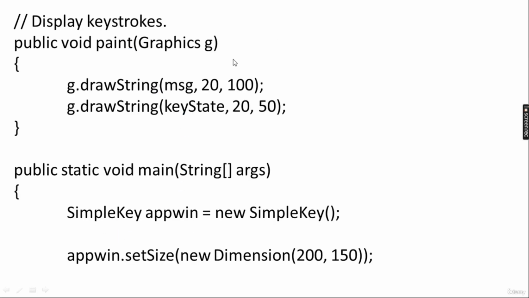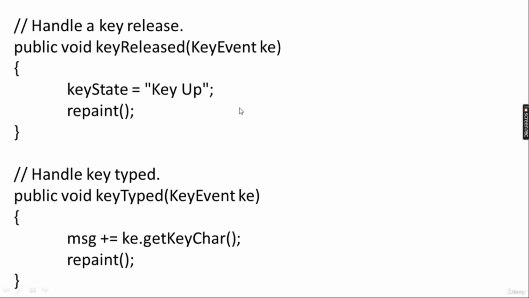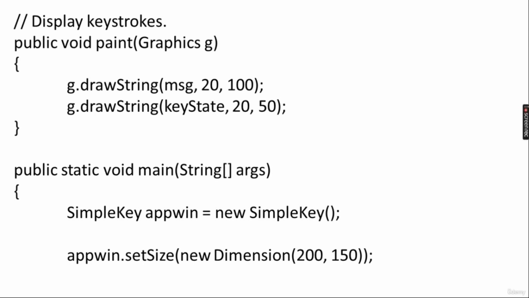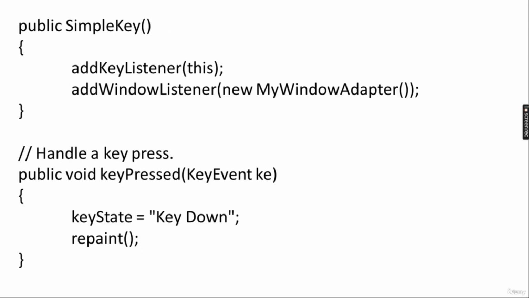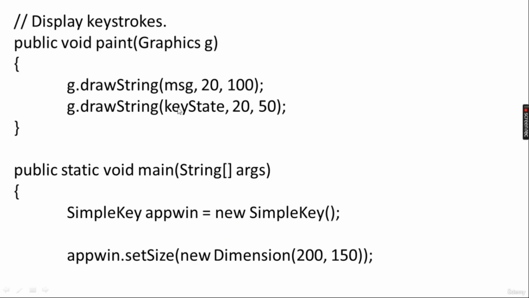And in the actual paint method, we are drawing the string message at x and y coordinates 20 and 100, and drawing the string key state at 20, 50. So key state is a key down string, so it will be displayed as a message at coordinate 20 and 50.